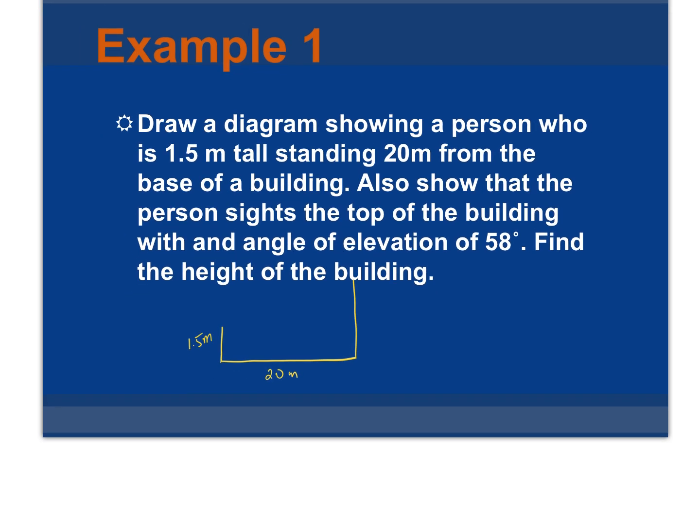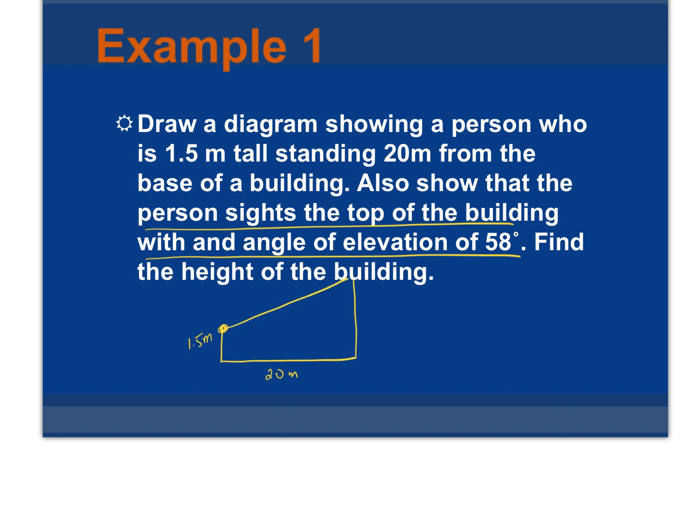Now, this is a little bit interesting because it's telling you this person is 1.5 meters tall, and it's telling you that the person sights the top of the building with an angle of elevation of 58. These are a little bit tricky because the angle of elevation can either come from the ground up and be here, 58 degrees, or it can actually come from the person's line of sight, which would be like that.